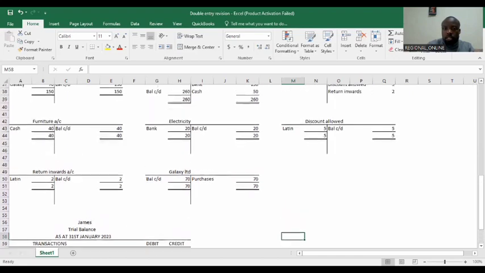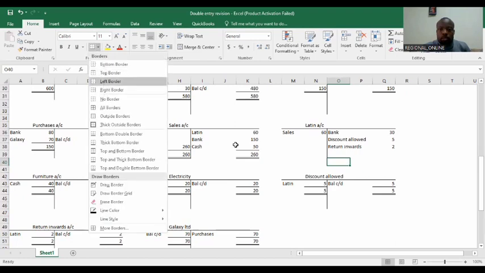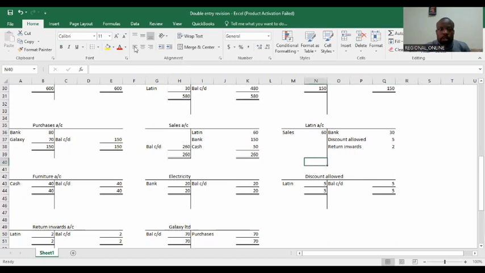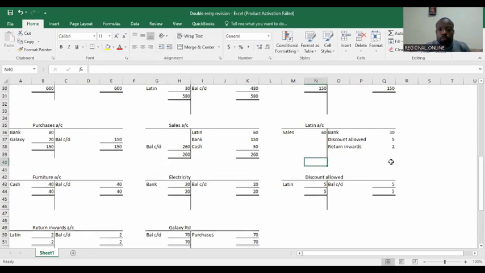Then the next transaction is Latin. Latin, we didn't balance it off. So you can see the debit is the highest one, so I'll use that one to balance it off. So the highest is 60. So I have 60 minus the amount that he paid, minus the discount given, minus the return amount that he returned back to the business.